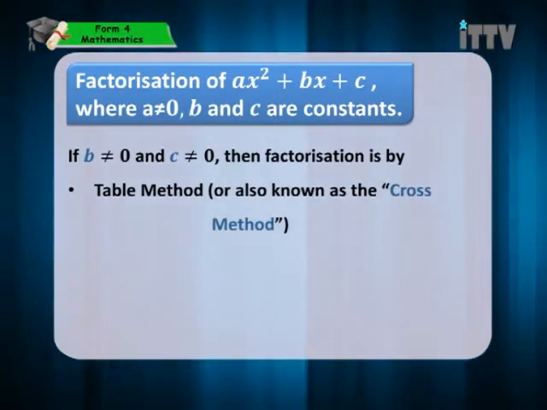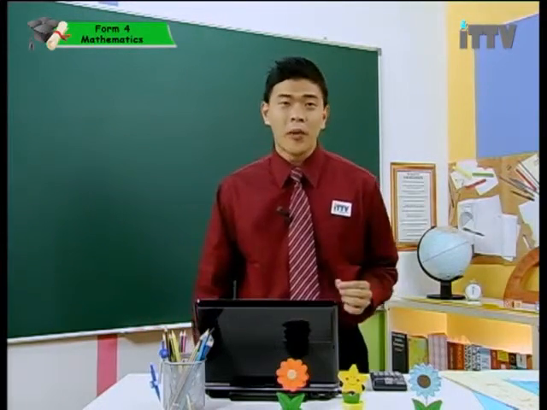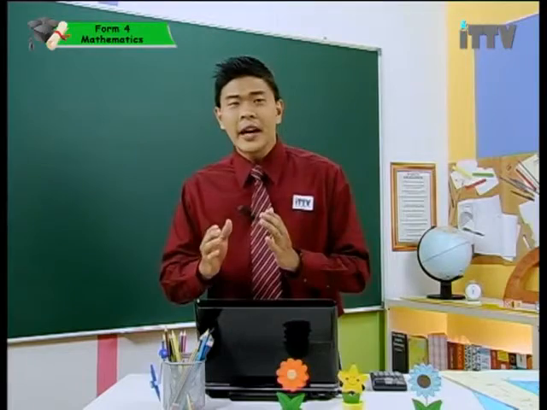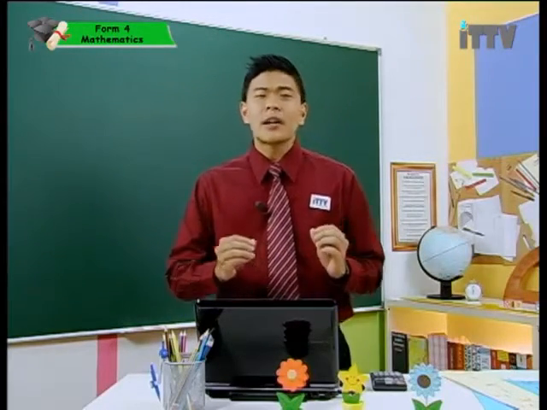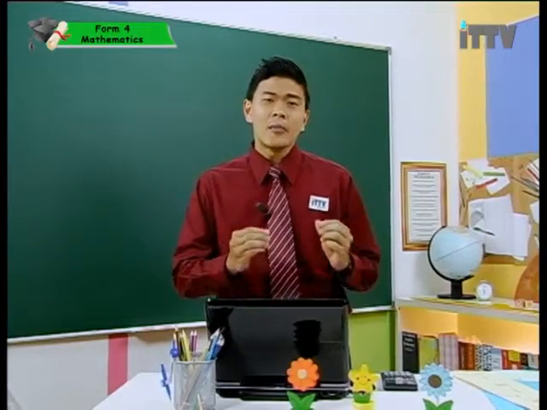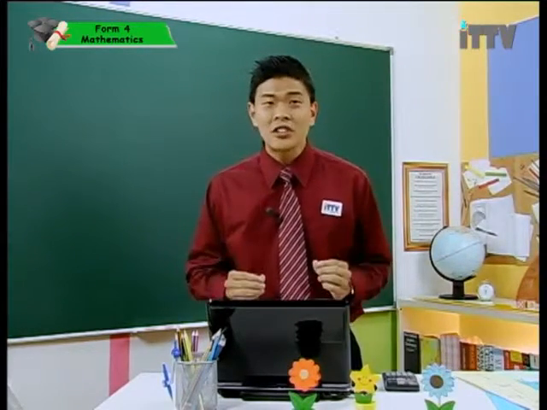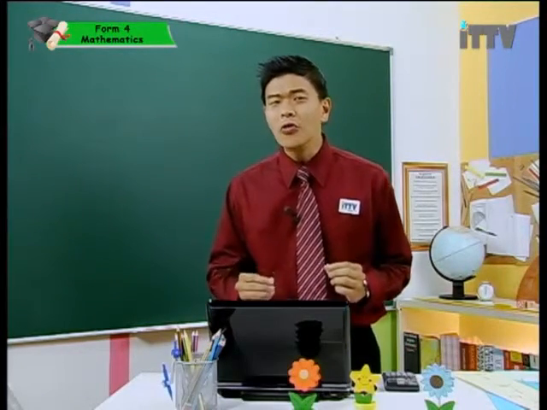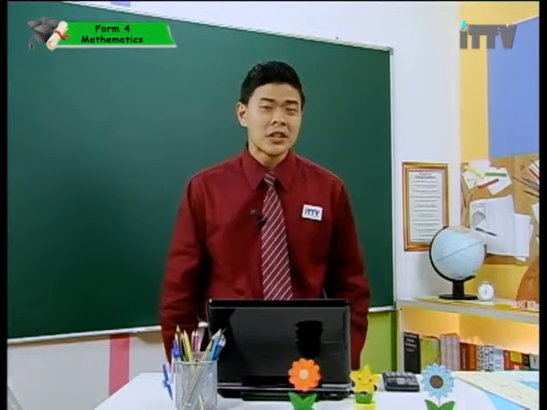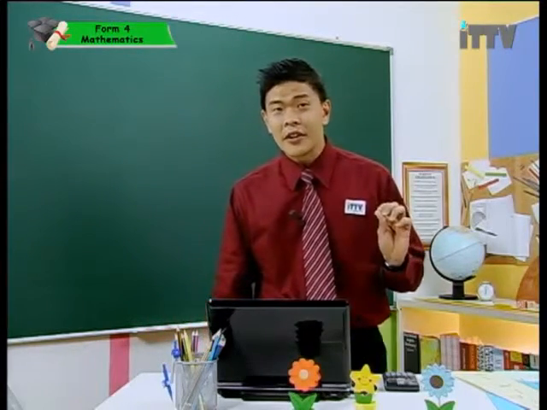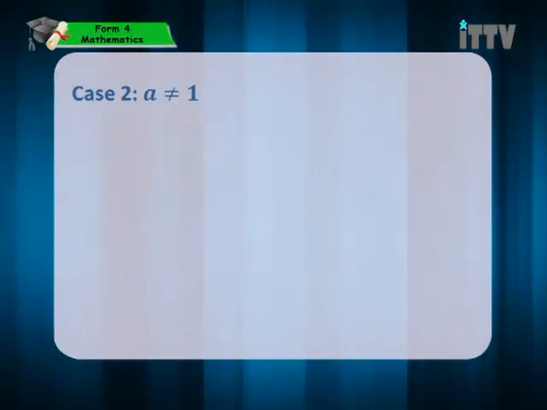We have learned the cross method to factorize a quadratic expression in the full form, which is ax squared plus bx plus c, the general form to represent any quadratic expression. If a, b and c are constants which are not 0, then you have your quadratic expression in its fullest form. How do you factorize such an expression? With the 5-step method.